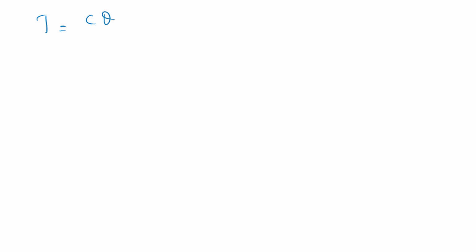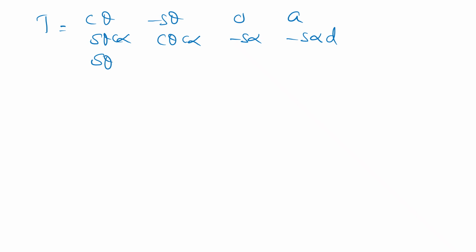It is C theta, minus S theta C alpha, S theta S alpha, A C theta; S theta, C theta C alpha, minus C theta S alpha, A S theta; 0, S alpha, C alpha, D; 0, 0, 0, 1.